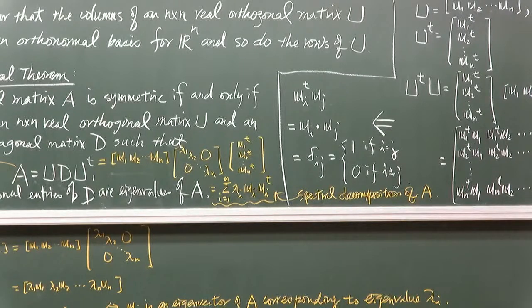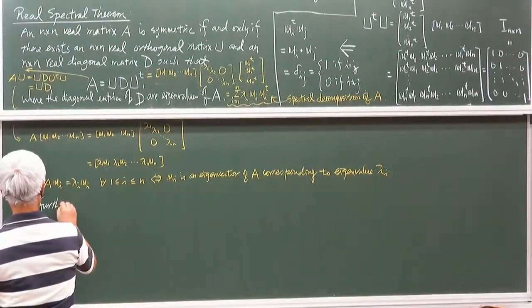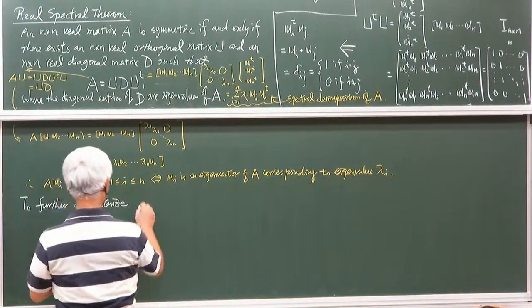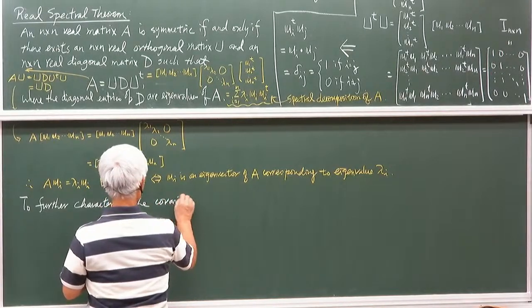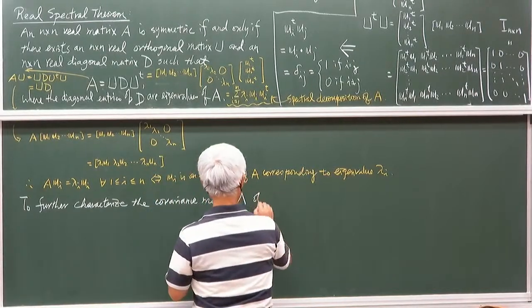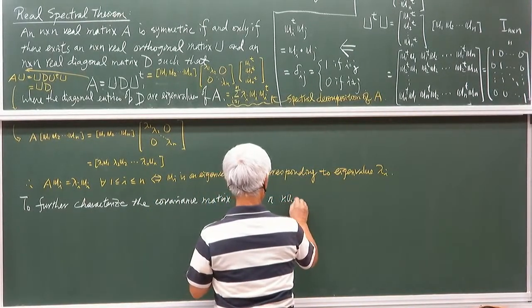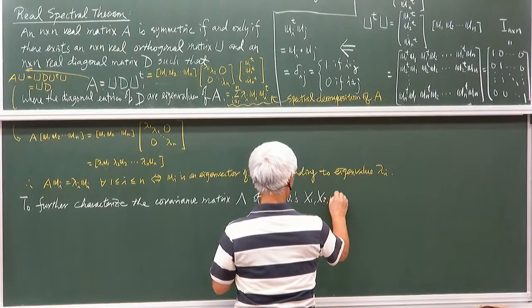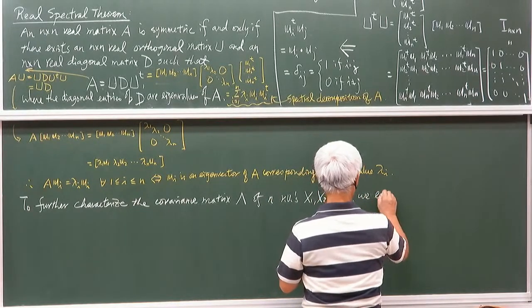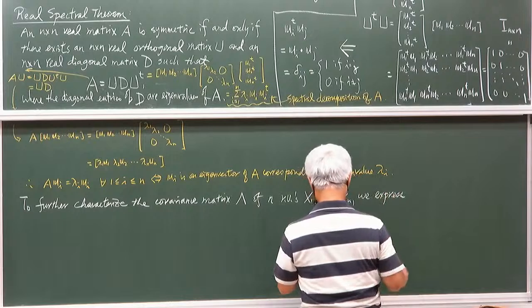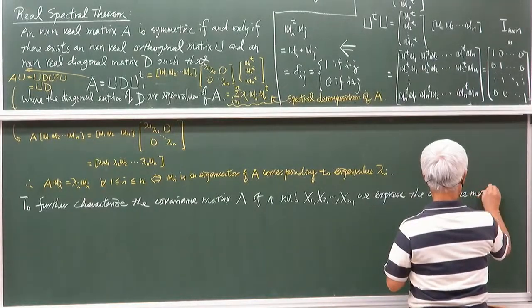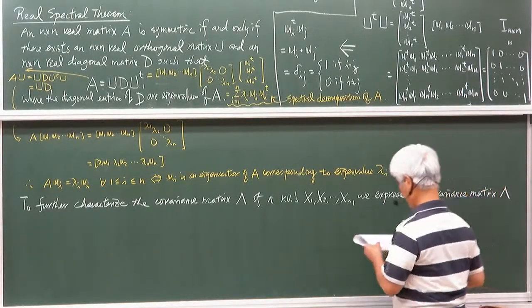Now to further categorize the covariance matrix Lambda of n random variables x1, x2 up to xn, we express the covariance matrix Lambda in vector form.